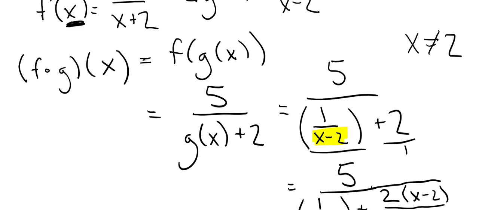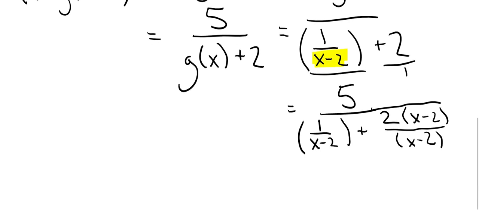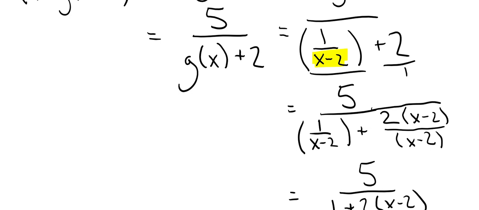Really fancy way of multiplying by a 1. And so now by doing this, I've created a common denominator. And so I have 5 divided by 1 plus 2 times x minus 2, all over x minus 2.